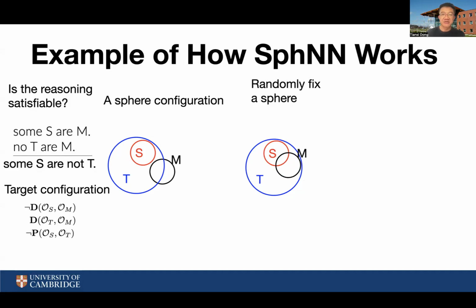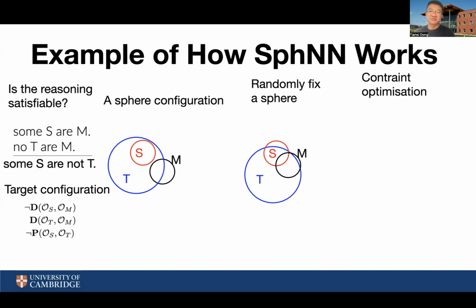And S is a part of T, so the network will move T away from S, till part of S is outside T. Then finally, it should optimize the relation between M and T without breaking the already established relations between S and M and S and T.